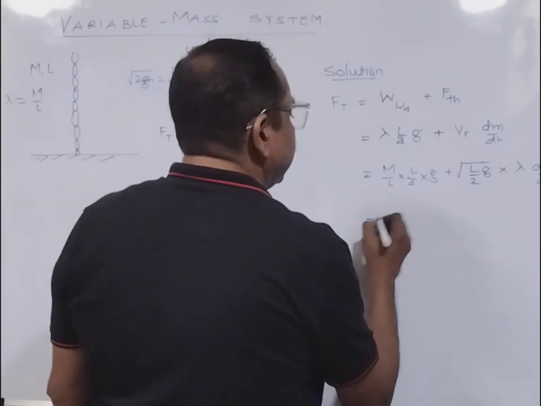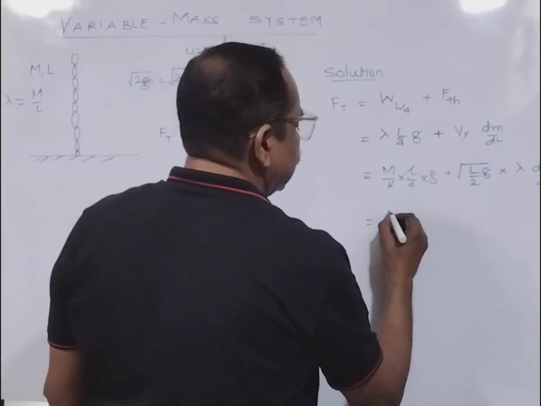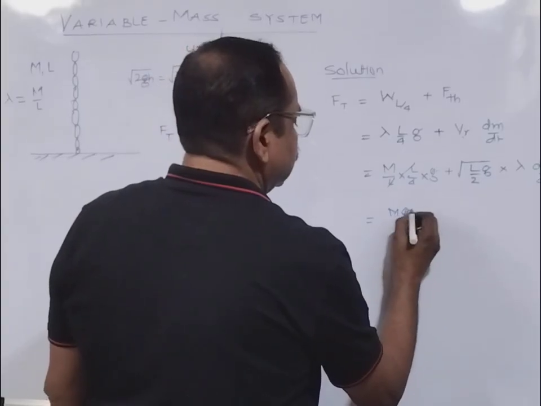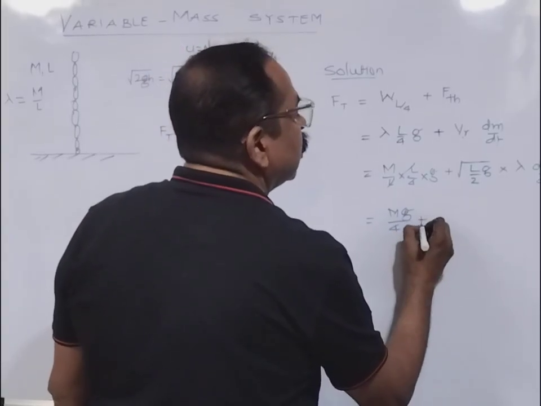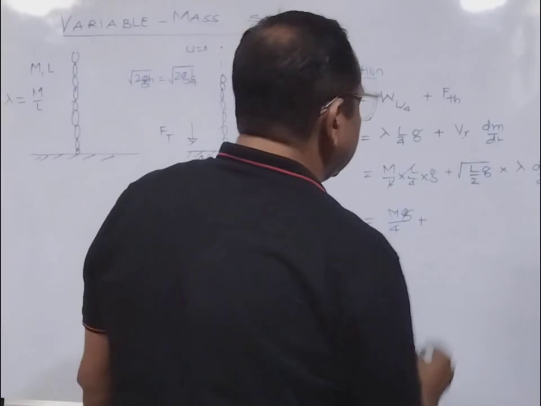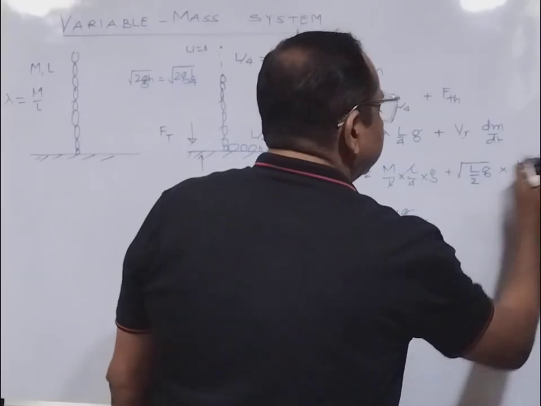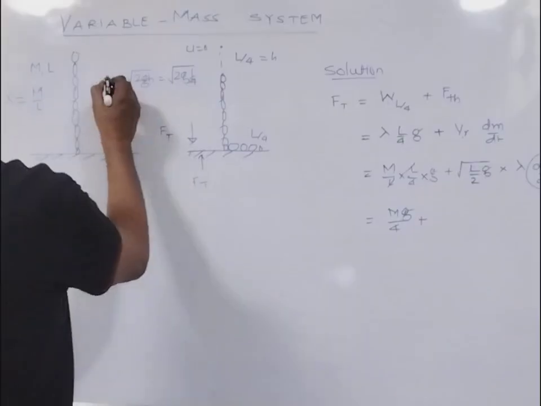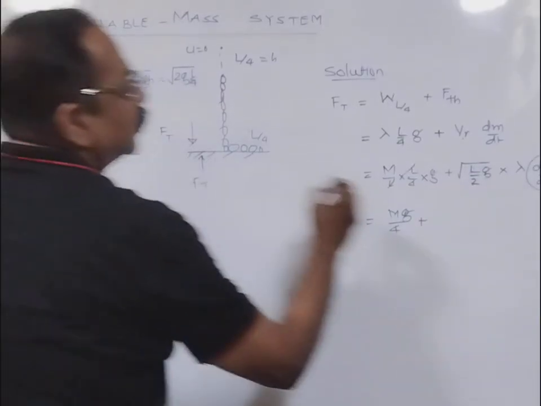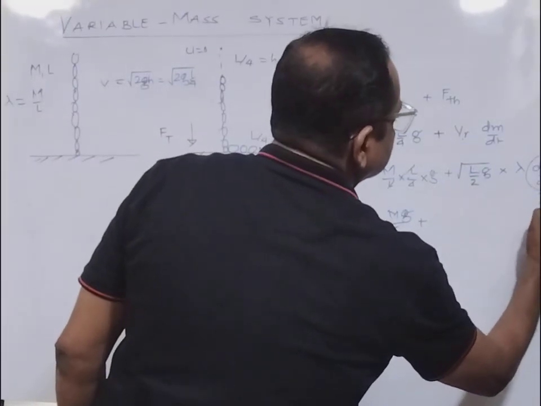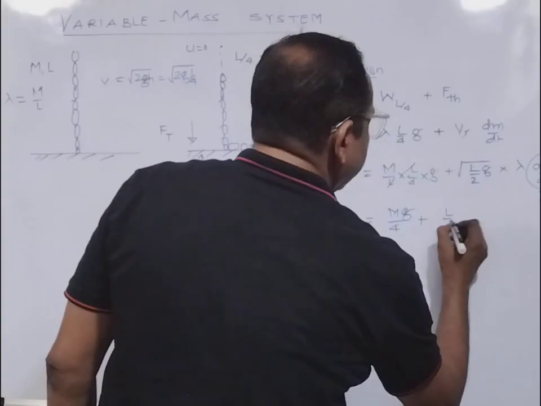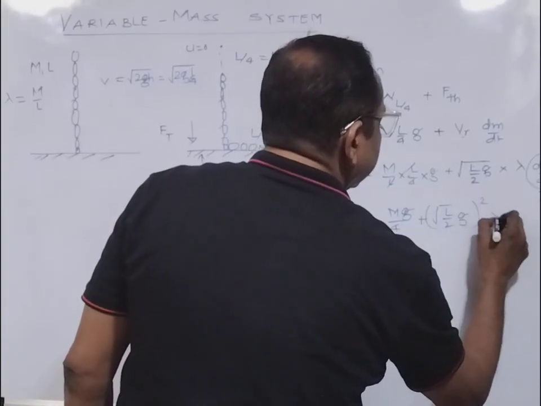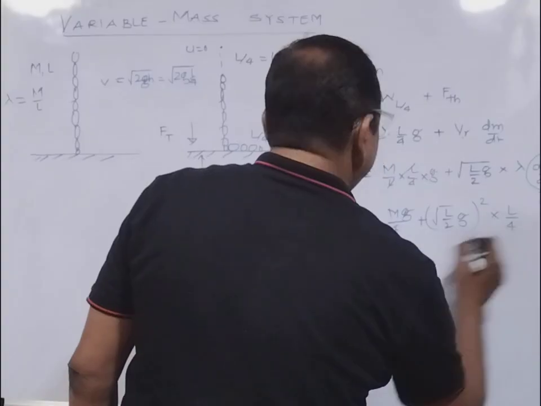So here L gets cancelled, and we get Mg by 4 plus, once again, under root of L by 2 g, because this is a velocity. This term is also a velocity. So this becomes root of L by 2 into g, the bracket squared, into L by 4.